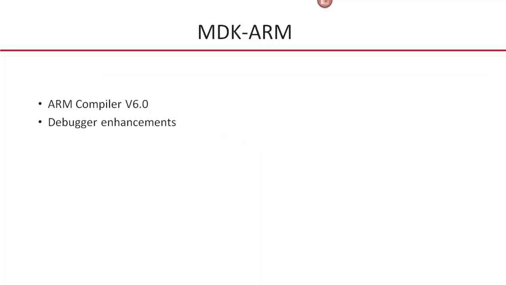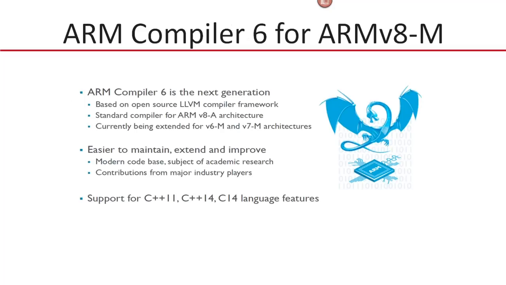In terms of the MDK-ARM development tool, this has also been expanded to support ARMv8-M particularly, so it's ready for new processors when available. So currently, as we saw, the IDE has been architected to provide support for TrustZone.